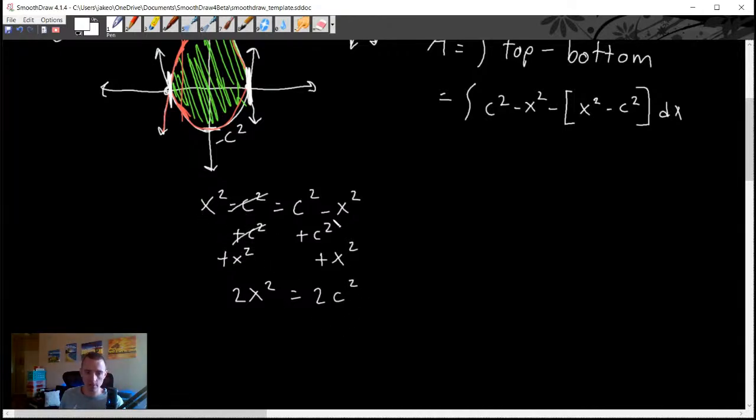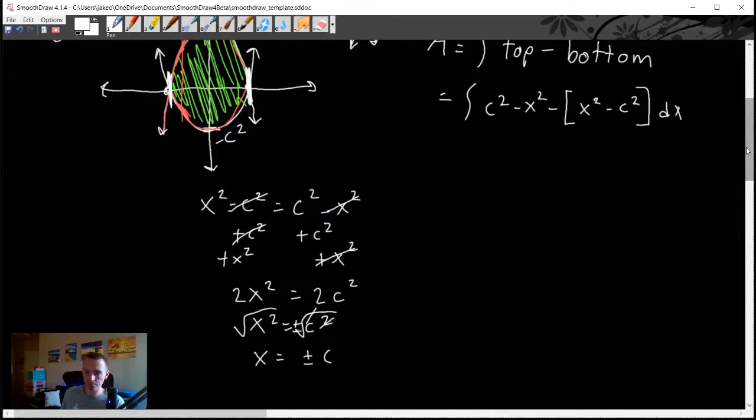This cancels with this. This cancels with this. Then we can divide both sides by 2, getting x squared equals c squared. And then we can take the positive and negative square root of both sides, giving us x equals plus or minus the square root of c squared. The square root and the squared are going to cancel, giving us plus or minus c.